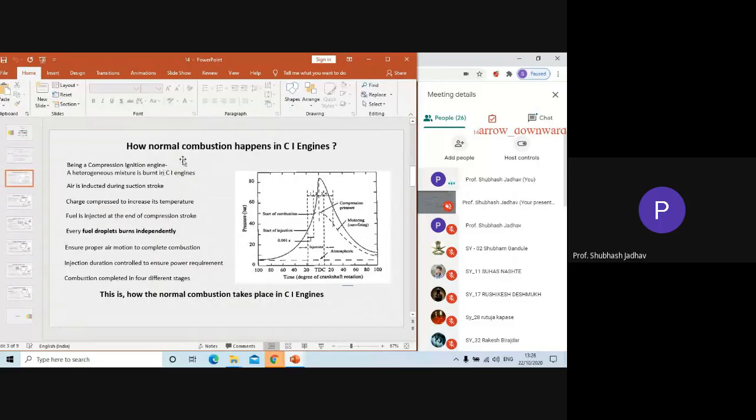So how does normal combustion happen in a CI engine? Here we have a compression ignition engine, which means we have a heterogeneous mixture burned in the compression ignition mode, and therefore it is called a CI engine. To ensure this, initially air is taken into the combustion chamber during the suction stroke.